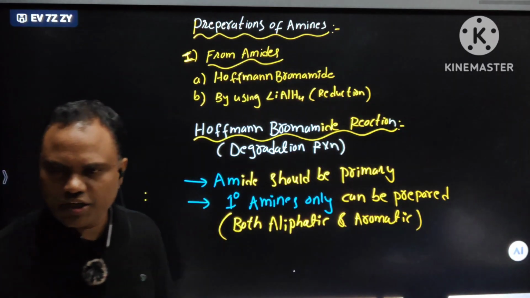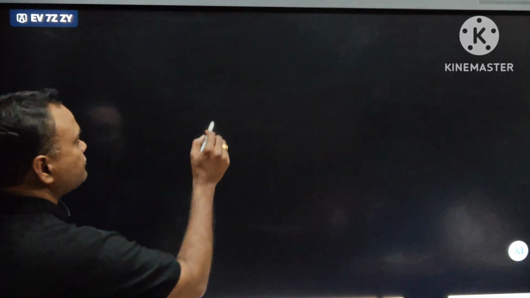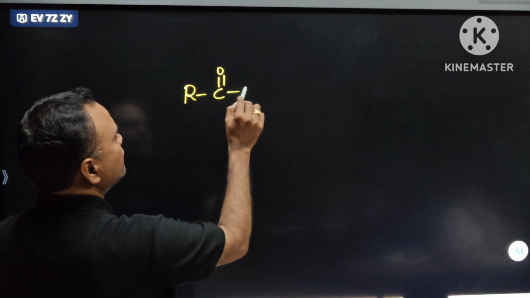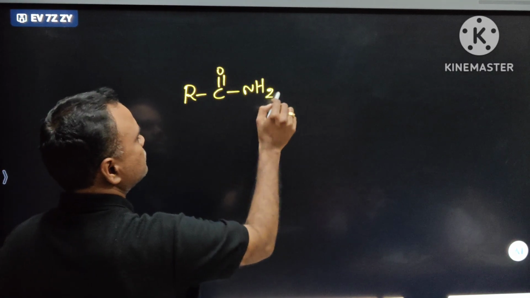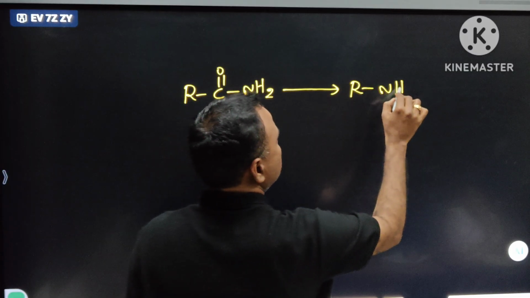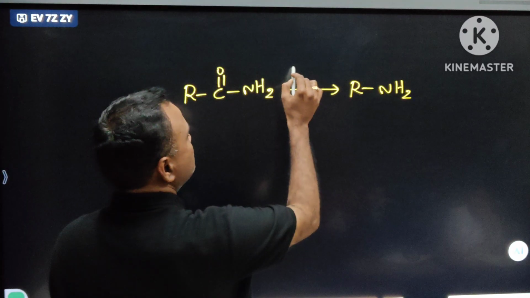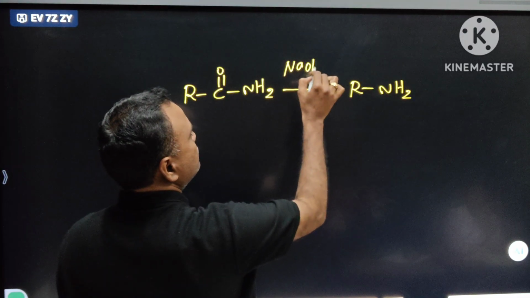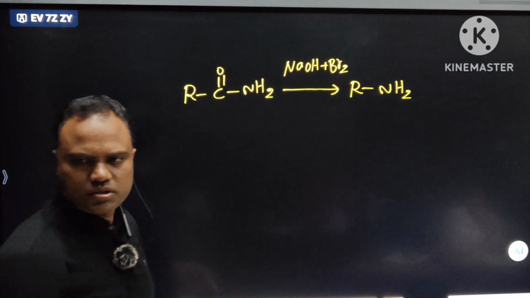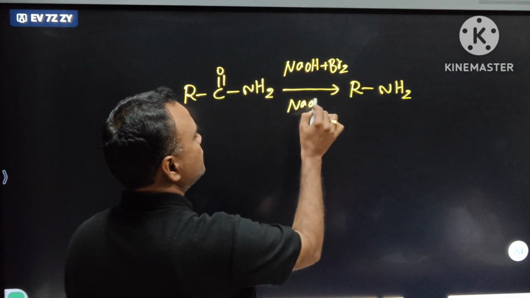Let us see the reaction and the reagent. RCONH2 gives rise to RNH2. Reagent is NaOH plus Br2, or you can use NaOBr.